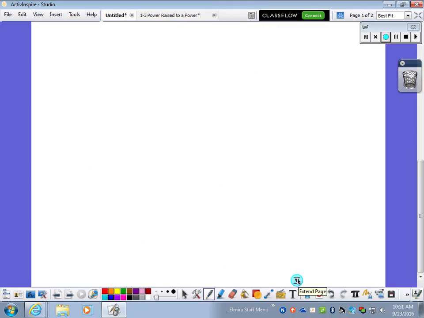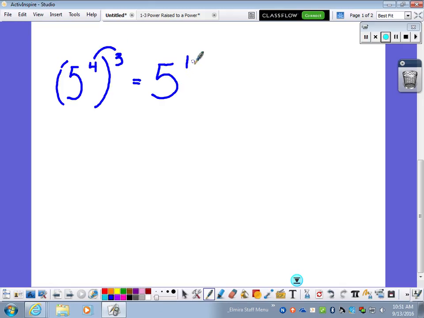So if I were doing another problem like this, say 5 to the 4th power all to the 3rd power, I'd keep the 5, and then 4 times 3 is 12.